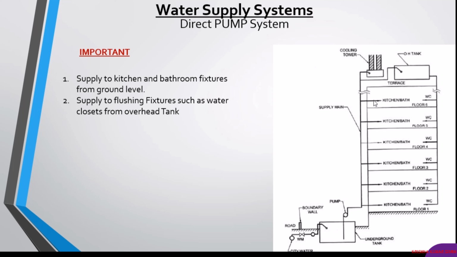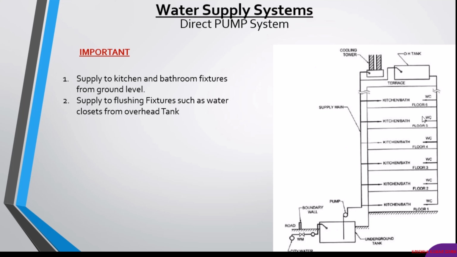But there is another thing. We have one more overhead tank. We collect water from the main line, and from this overhead tank, we supply the water to the water closets.